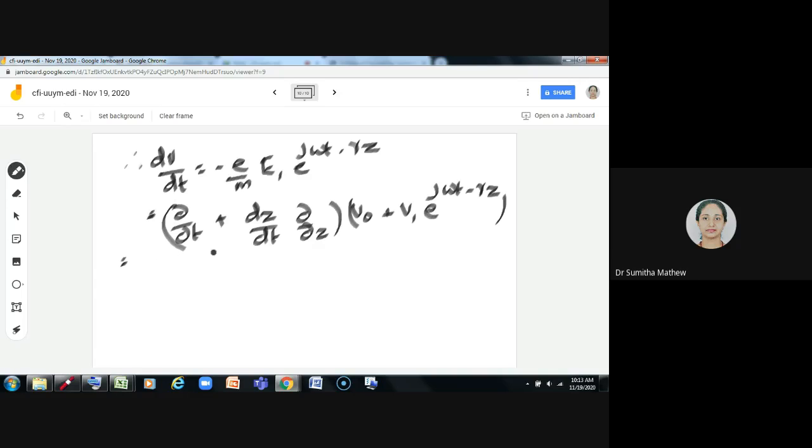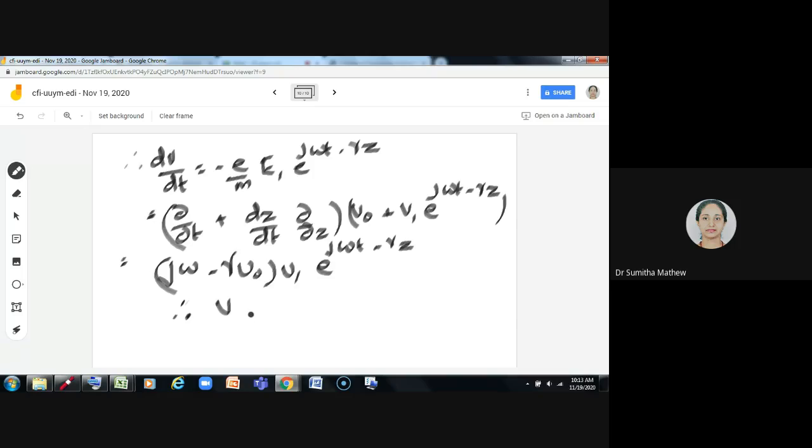Now again finding the partial differentiation and taking the derivatives, dou by dou t of this, then dz by dt and dou by dou z, you get the final equation as j omega minus gamma v naught into v1 e raised to j omega t minus gamma z. Therefore, equating the two sides, what do you get?